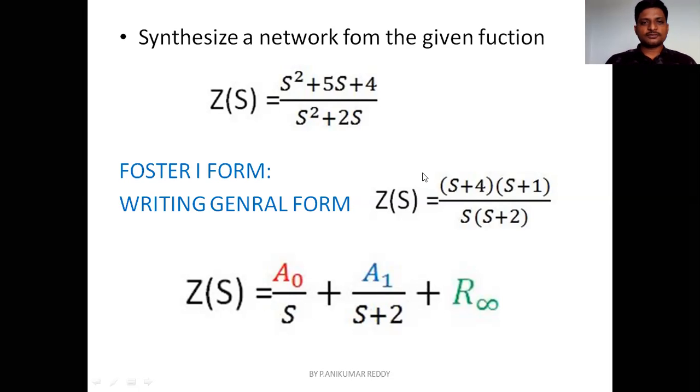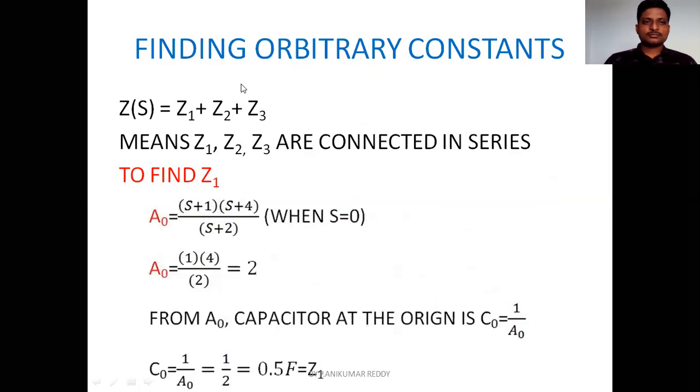To find the arbitrary constants, you first have to find Z1. As I told you already, the given function is divided into three parts, Z1, Z2, Z3, and they are connected with a plus.